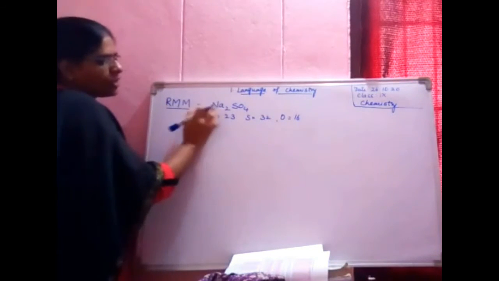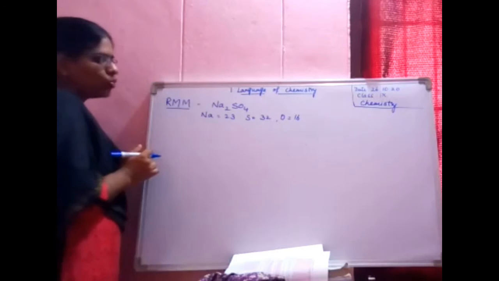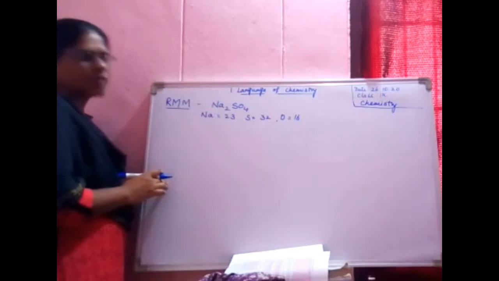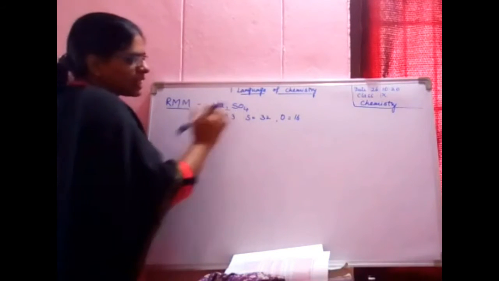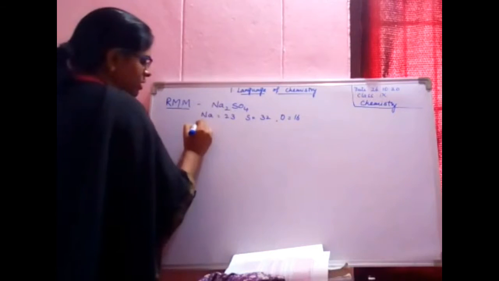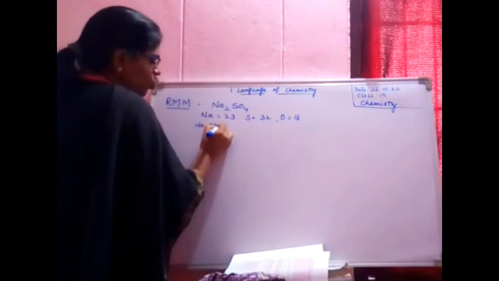How many sodiums are there in this? 2. How many sulfurs? 1. How many oxygens? 4. Now look here, Na2SO4.